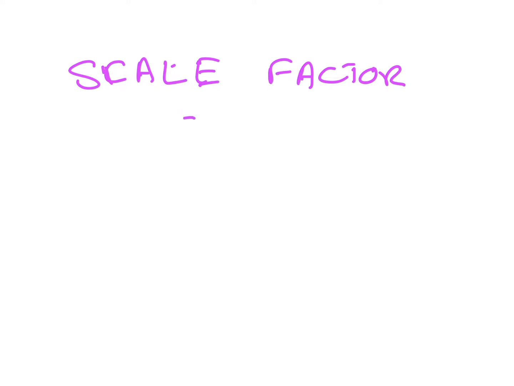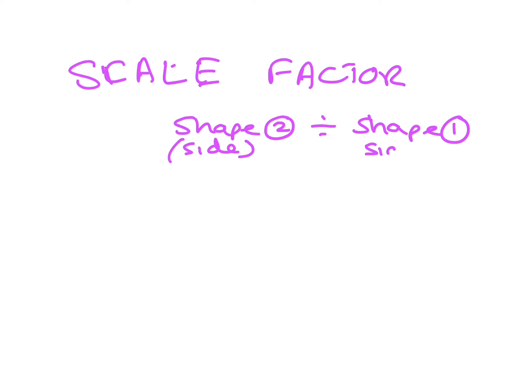So just in summary, and write this down, to actually get the scale factor, you do shape 2 divided by shape 1, and by that I mean a side in shape 2 divided by a side in shape 1.